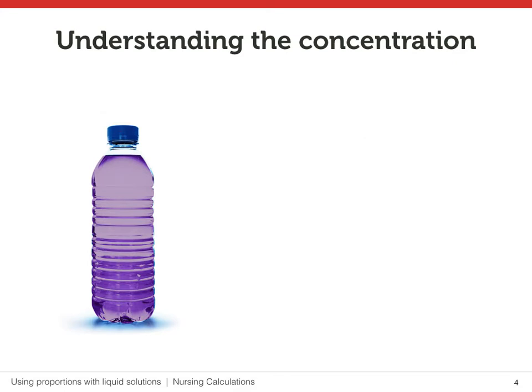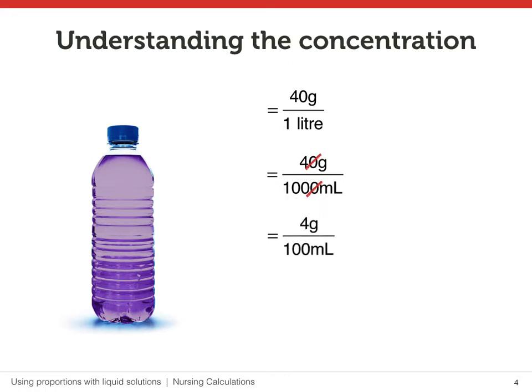We can express the concentration in this way as 40 grams per litre. 1 litre is equivalent to 1,000 millilitres, so we can express it this way. And that allows us to cancel some zeros from the numerator and the denominator so that it is reduced to 4 grams per 100 millilitres.